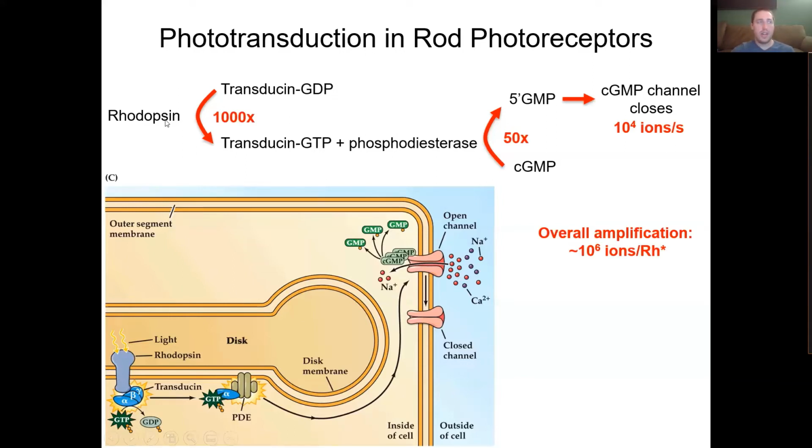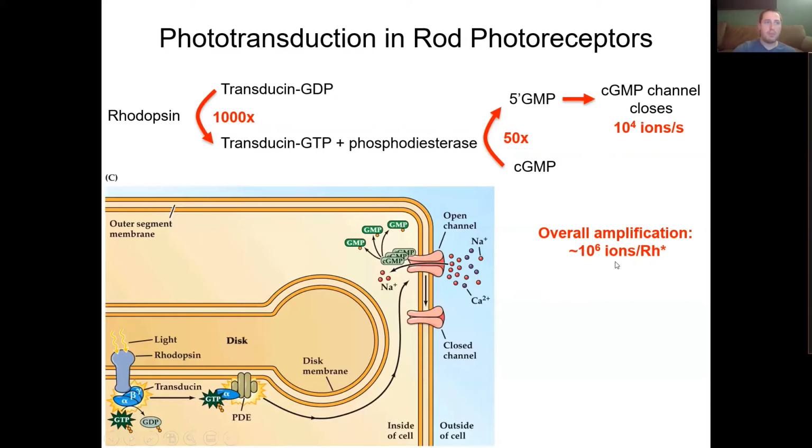And throughout this process, you get a lot of amplification. So each rhodopsin is able to make about 1,000 activated transducins. Each of these transducin phosphodiesterase complexes make about, or remove about 50 cyclic GMPs. And then every ion channel that's closed, you are not able to have about 10 to the 4th ions per second flow through them.